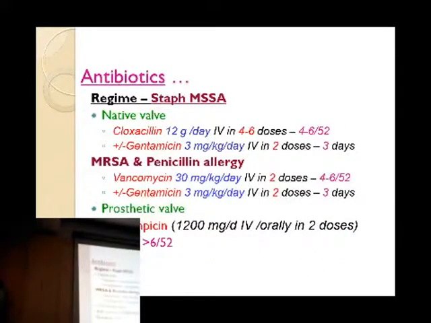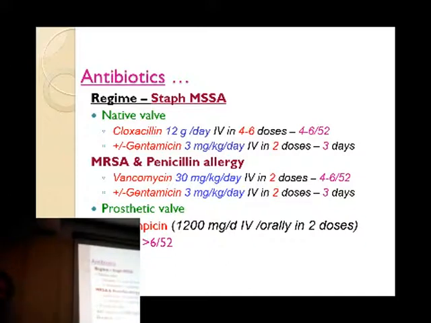Now there is a slight deviation when you isolate the organism. So if you isolate the organism as Staphylococcus aureus, we encounter two situations. It may be methicillin sensitive Staphylococcus or methicillin resistant. If it is methicillin sensitive, we can go with cloxacillin and gentamicin.